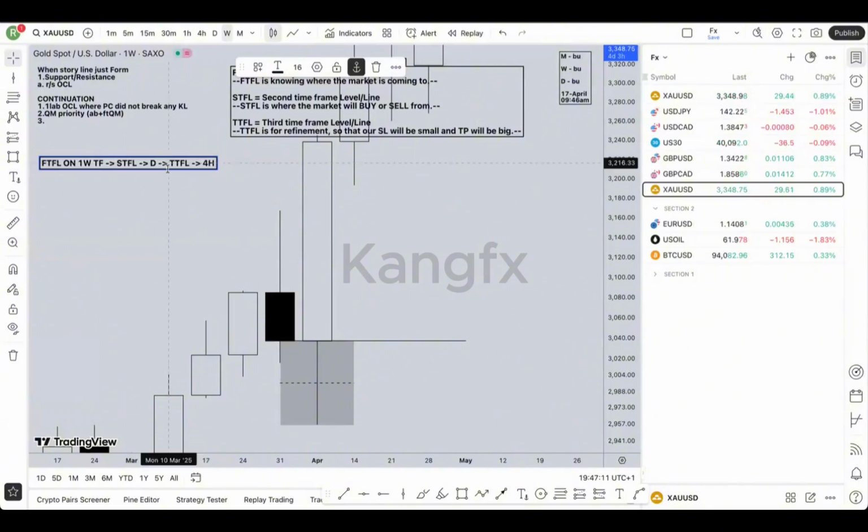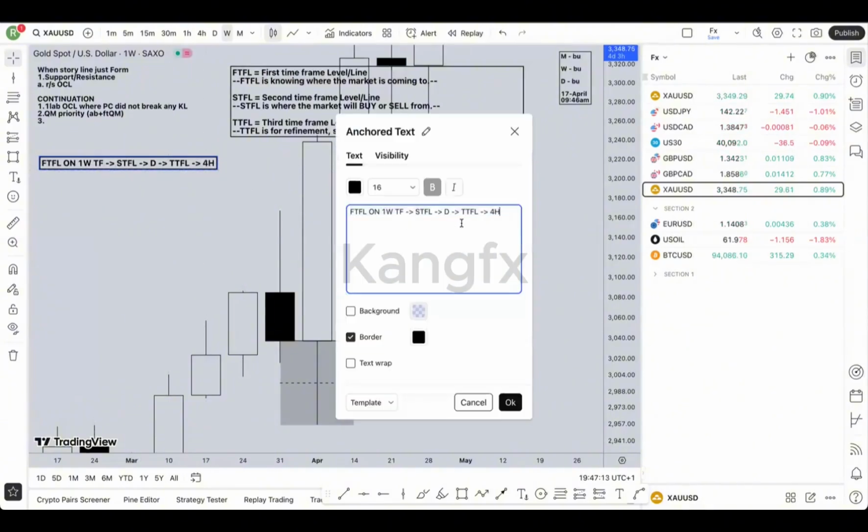Then if our FTFL is on daily, let's do that also because we're going to work on that. If it's on daily, our STFL is going to be on 4 hour. Our TTFL is going to be on 1 hour.